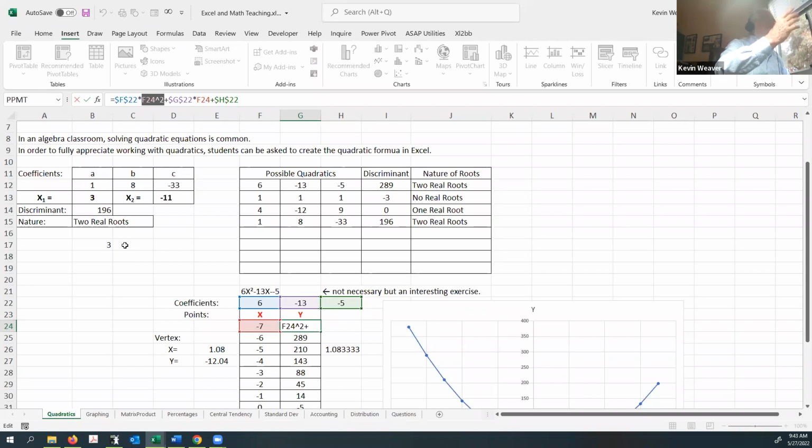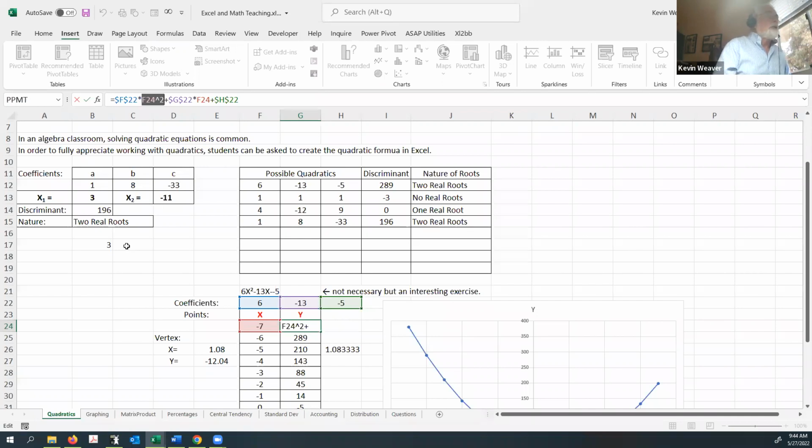So F24 caret 2 squares it. Now, what did I want to do after I squared it? Okay, because powers come before multiply. After I squared it, I wanted to multiply it by the value that was in F22, which is the coefficient of X squared. That's the 6. Okay.